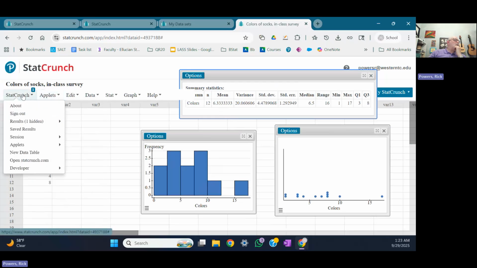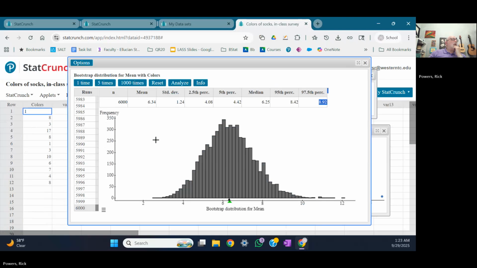And then when we do this bootstrapping, it comes out to be just about the same, 6.33. But what we're really after is, where do we think the population mean would be? And it's in this 95% interval, which is in the middle 95%. So then that would be between 4.08 and 8.92.